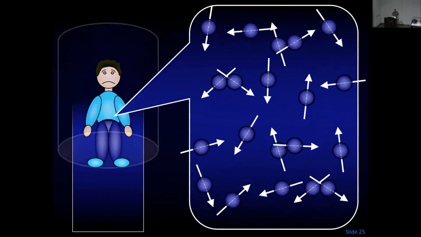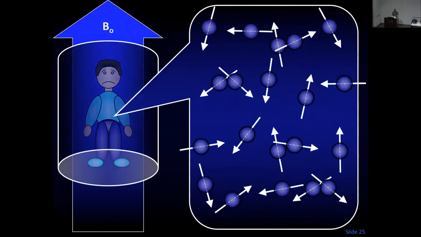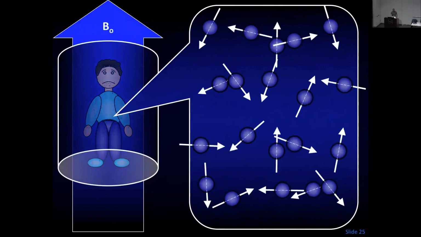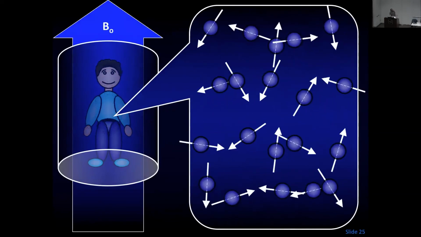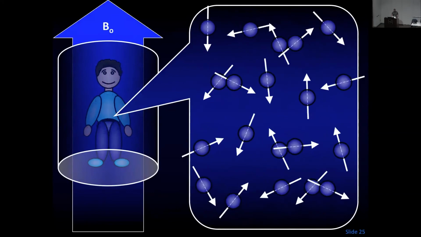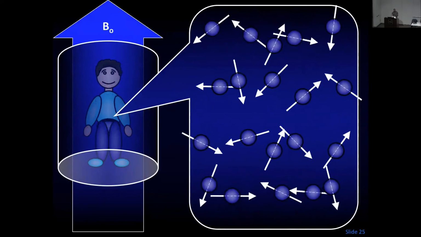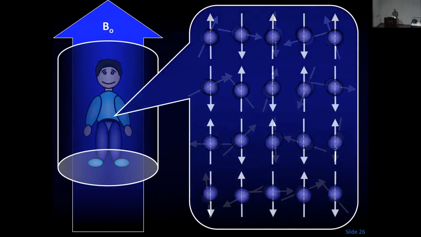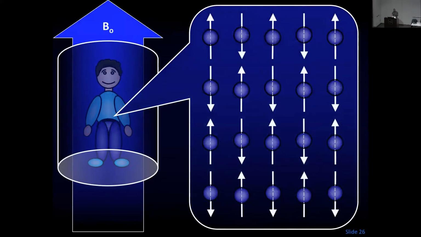So let's put this person now into a large magnetic field. And when we put this person in a large magnetic field, we can see that now they become very happy. And why do they become so happy when they're inside a scanner? Because when you put someone inside a strong magnetic field, instantaneously, all of these magnetic dipole moments will either line up with or against the magnetic field.